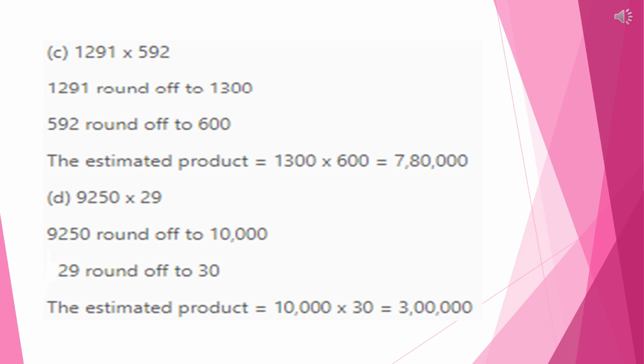Next, D part, 9250 multiplied by 29. In this question, the first number we will round off to the nearest 1000 and the second number to the nearest ten. So, 9250 rounds off to 10,000, 29 rounds off to 30. Therefore, the estimated product is 10,000 multiplied by 30, which equals 3 lakh.